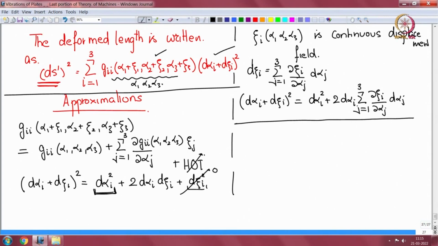So now if we combine the two, if we combine this expression and this expression, what do we get?